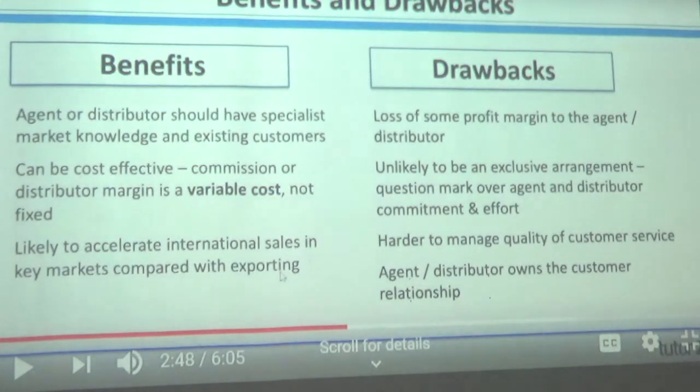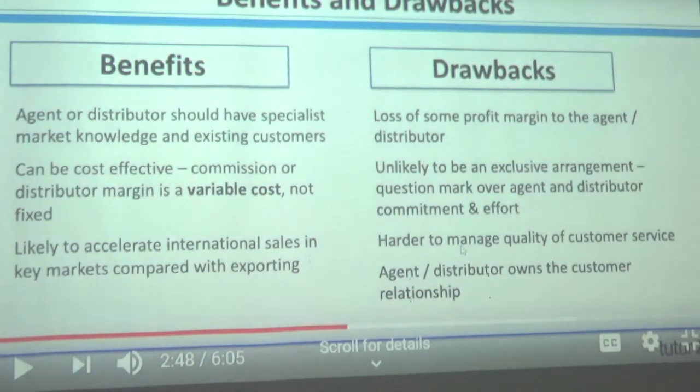This can be a way to certify, to give customers some peace of mind that you're the real distributor, that you're the one who's really responsible for the product, and so they feel secure in that. Of course, some profit margin might be lost. If there's a question of commitment, effort, or exclusivity within the market, if the agent isn't really doing what they're supposed to, then you really lose control.